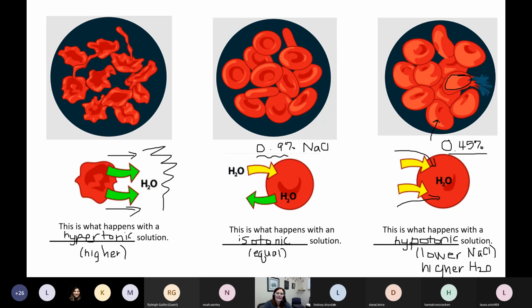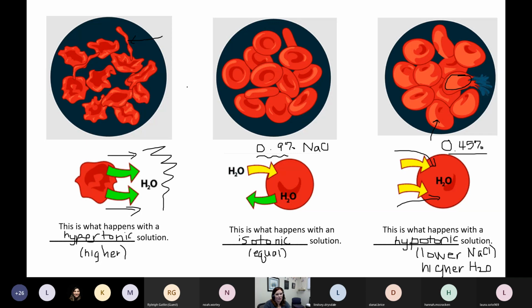Water leaves and leaves and leaves the cell because remember, the goal of osmosis was to make inside the cell the same as outside the cell. So what ends up happening when we're trying to dilute the solution outside of us is that our cells get all shrivelly. They get all weird looking. The anatomy of our cells changes.